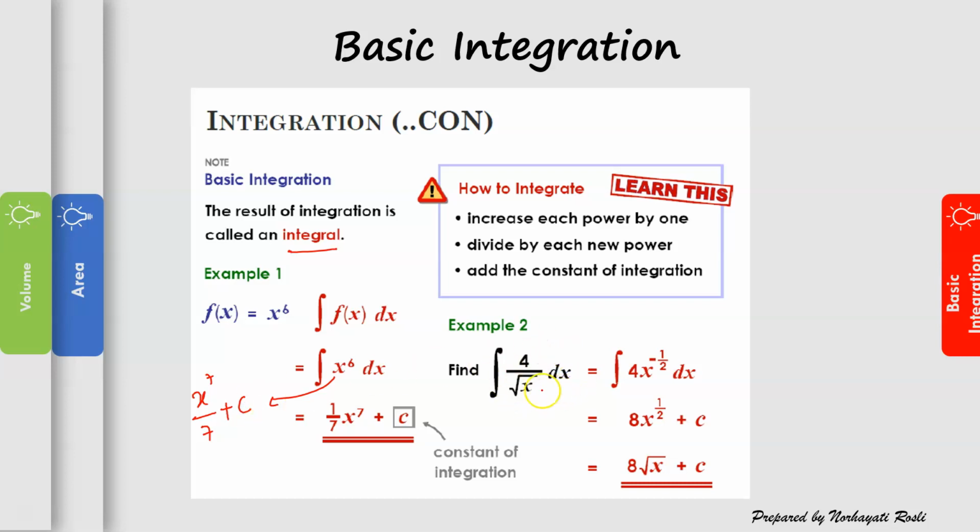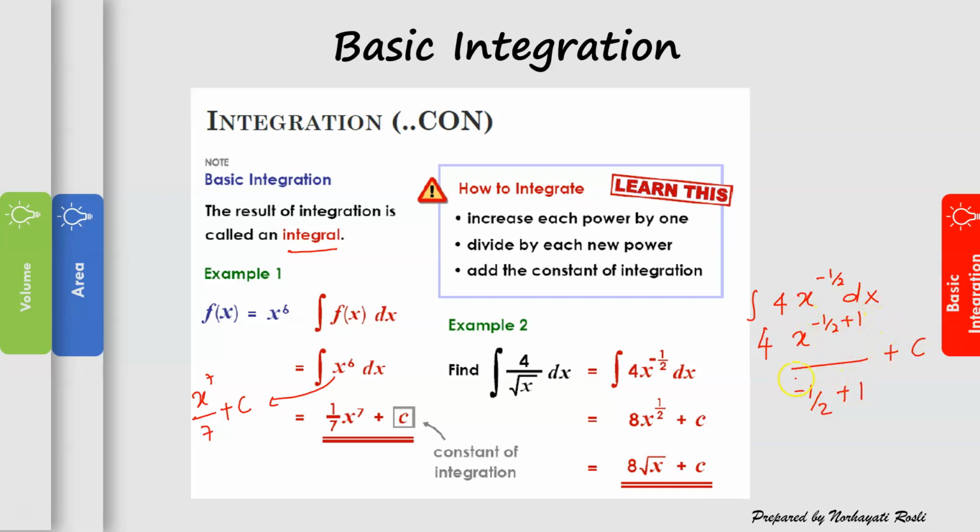And for this one, find the integral of 4 over the square root of x dx. So in this case, we have the integral of 4x to the power of negative 1/2 dx. When we solve this one, we get 4x to the power of (negative 1/2 plus 1) divided by (negative 1/2 plus 1), plus c.